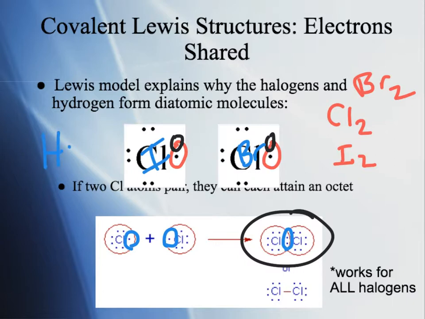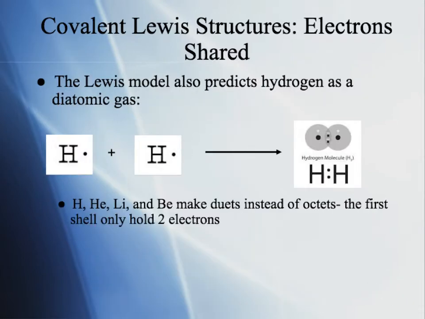Hydrogen has one dot, so if you have two hydrogens together, bam, they can share those two dots and make a bond. And here is the slide that shows the Lewis dot structure for hydrogen being a diatomic gas as well.